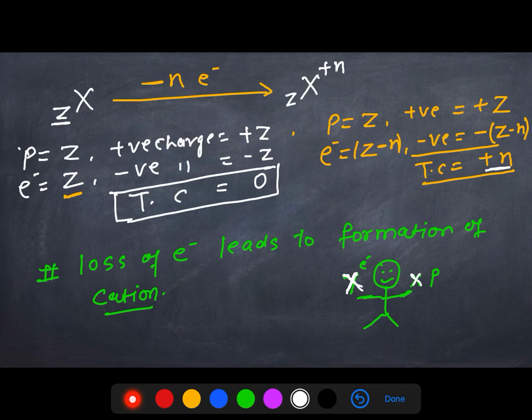Just assume if this atom loses an electron, does this also mean that the number of positive charges is more than the number of negative charges, right? Because initially you have the same number of protons and electrons, and since you are losing your negative charges or electrons, you will have an extra number of protons. Because of that only the positive charge develops. So the loss of electrons will always lead to the formation of cation from the neutral atom. We'll keep in mind, from neutral atom, right?